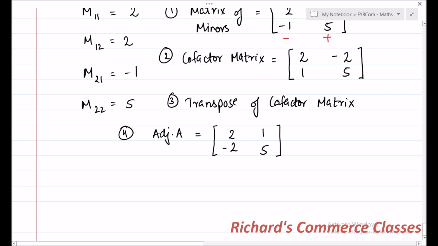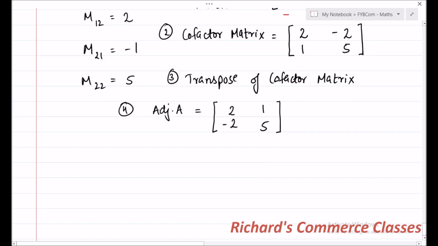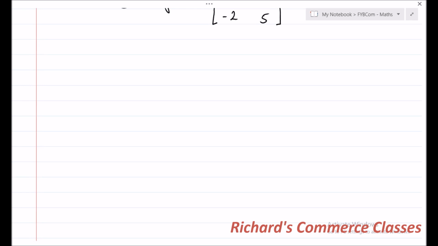Applying the same thing for a 3 by 3 matrix, let's see how it works. Let's say P is equal to 3, minus 2, minus 1, 2, 1, 5, 0, 6, 4.